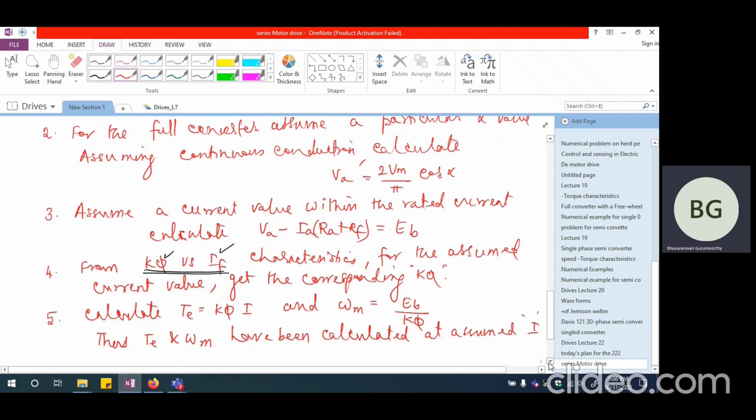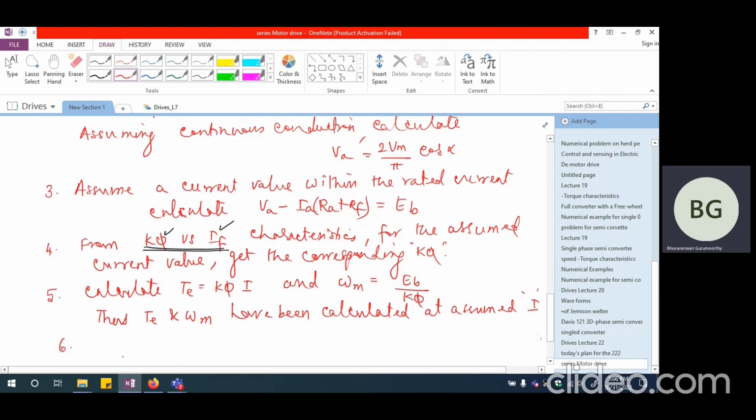Now, the next step is to assume another I value, which I may call I2. The first value I assumed is I1. So initially what I assumed was I1. Now it is I2.